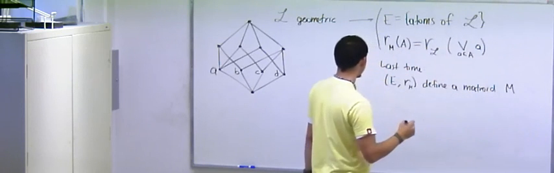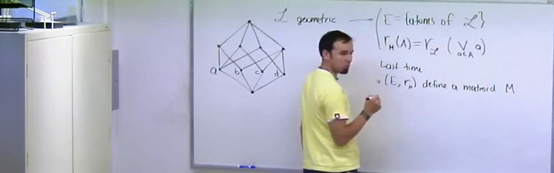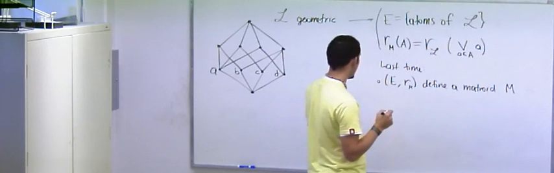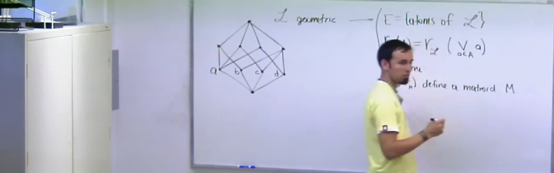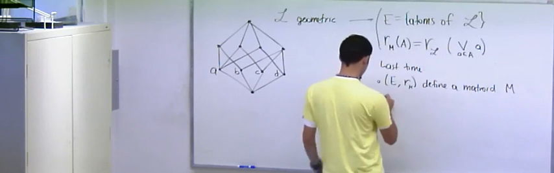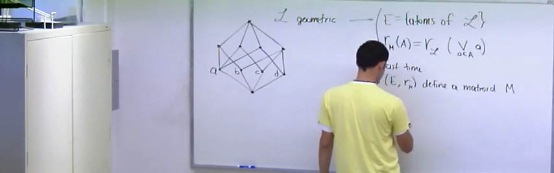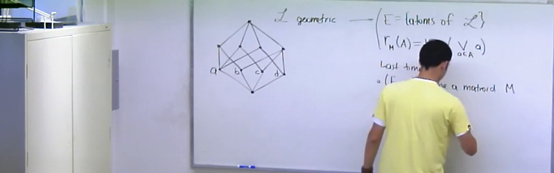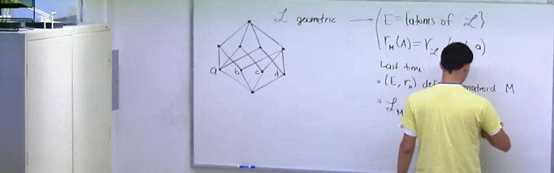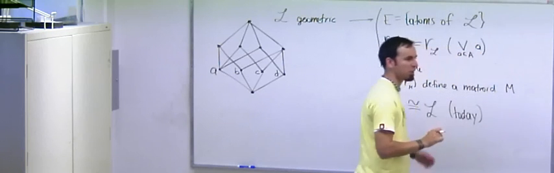And then what I started doing, but I didn't finish, is to show to you that the lattice of flats of this matroid is the lattice you started with. And that's what we're going to do today.